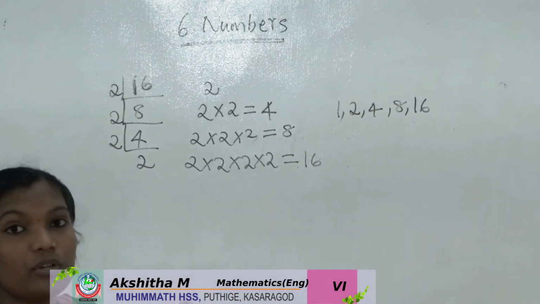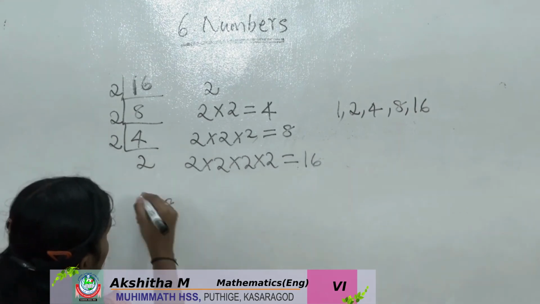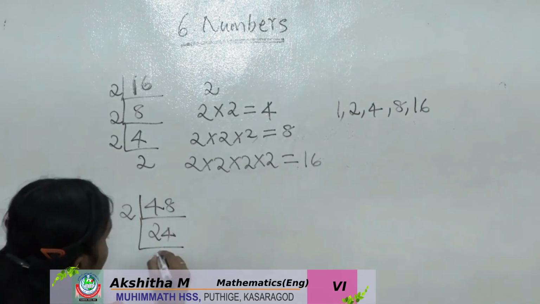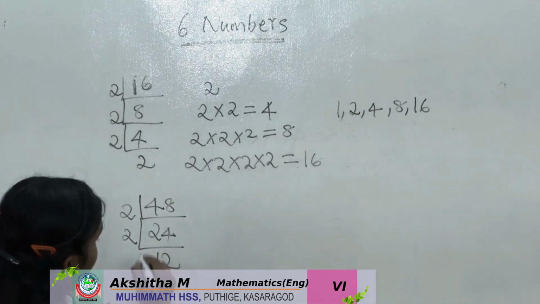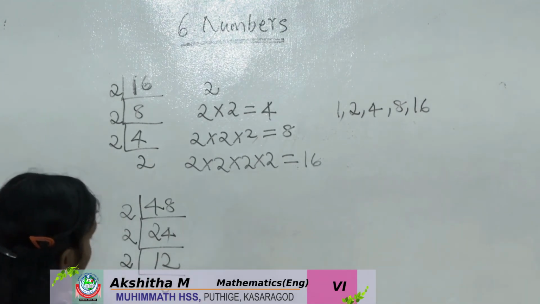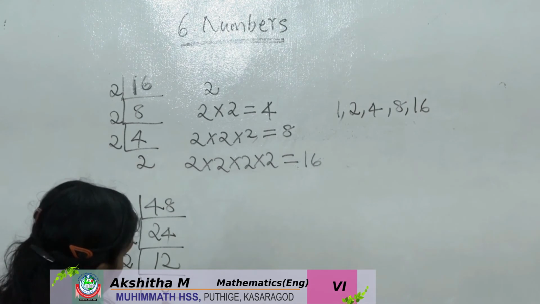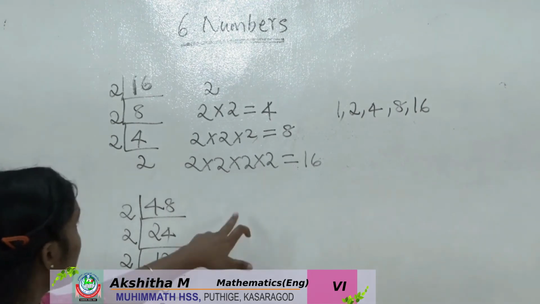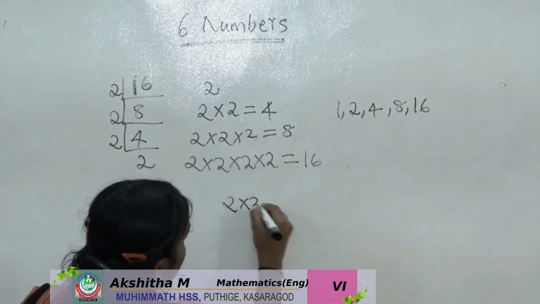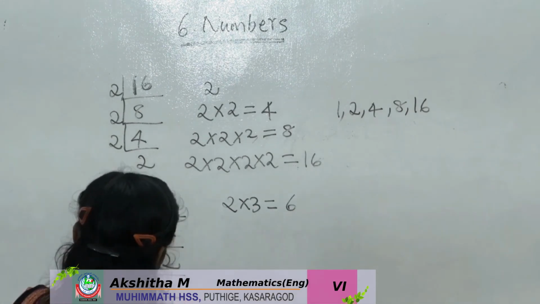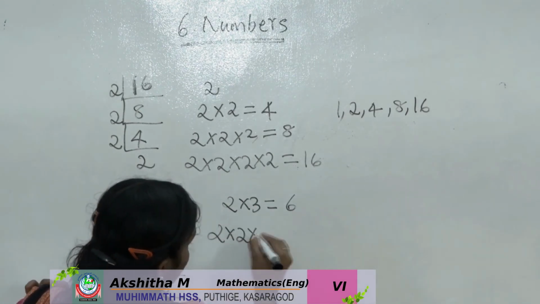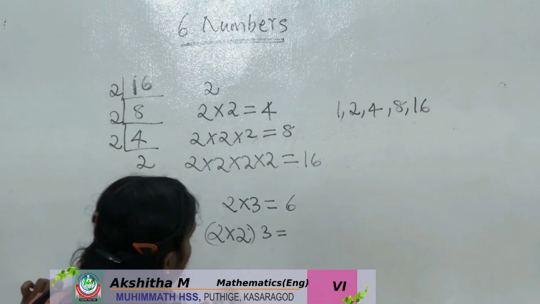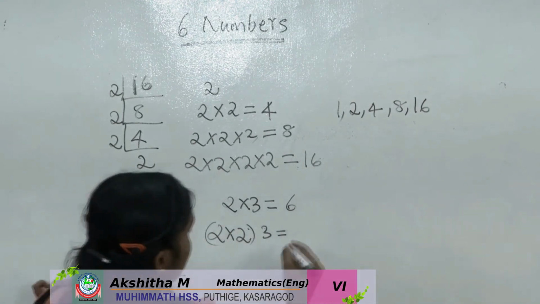Let us see the factors of 48. 24, 2 times 48; 12, 2 times 24; 6, 2 times 12; 3, 2 times 6. So we can write 3, 2 into 3 is 6, 2 into 2 into 3, 2 twos are 4, 4 into 3 is 12.